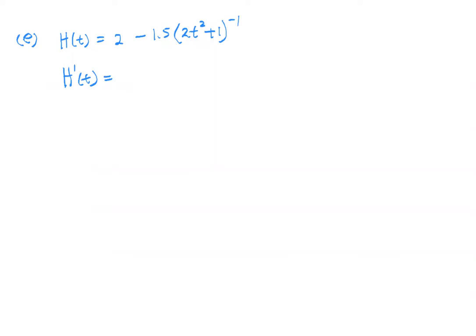You differentiate 2, you get 0. For me, if I do it by myself, I will not put 0. So chain rule, bring down the power, copy down the whole thing, power take away 1.